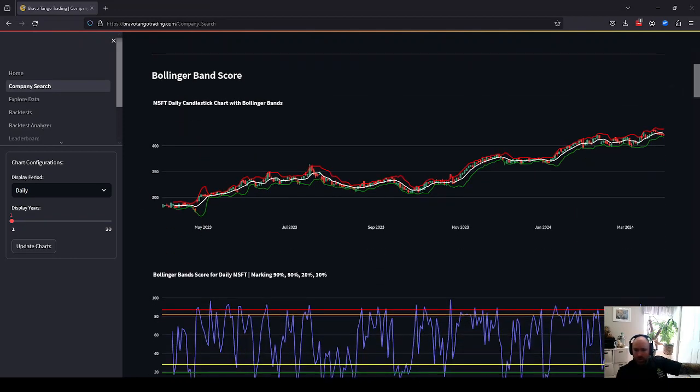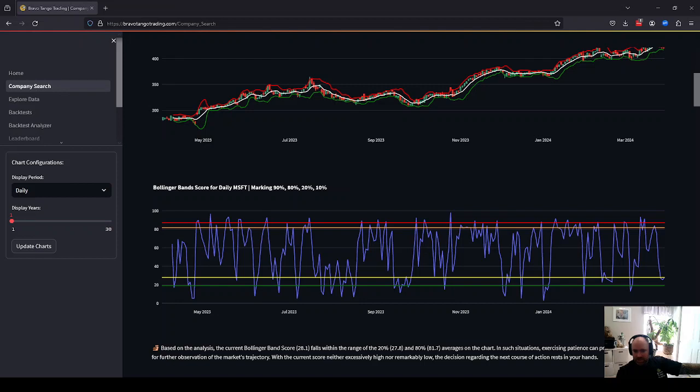So, Bollinger Band score. When we get to the backtest page, I'll go a lot more in depth as to the math behind these different indicators. But at a high level, up here we've got the price action, the candlesticks, and right below that we've got the Bollinger Band score. I'm trying to convert where the price is relative to the upper and lower Bollinger Band.